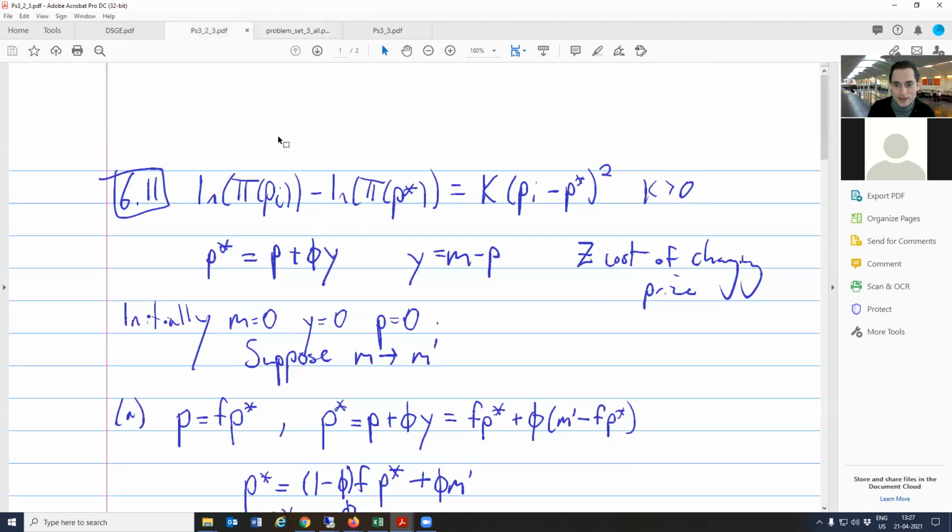If pi is profits, then the profits the firm gets when it changes its price, relative to the profits it gets if it doesn't change its price, are given by this.